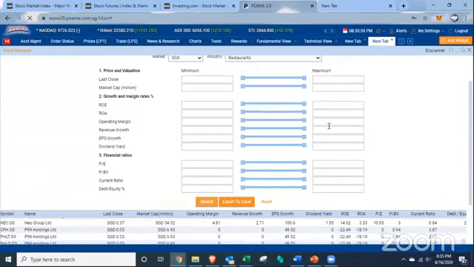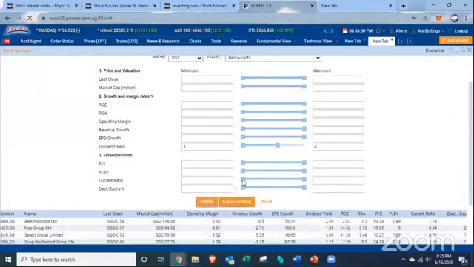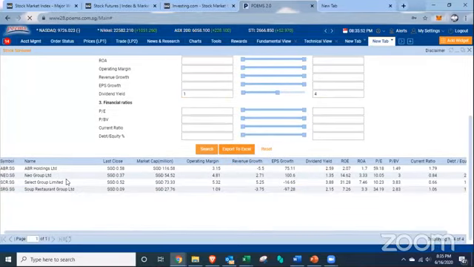Then maybe I want to set a certain dividend, maybe a bit higher, 1 to 4%. I search, and these are the stocks that give dividends of around 1 to 4%.